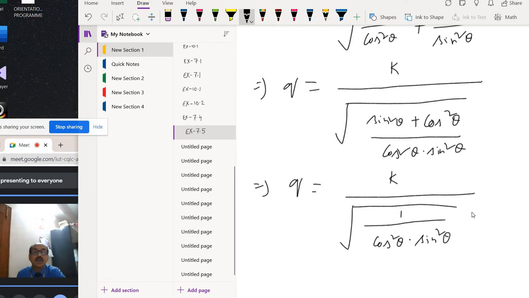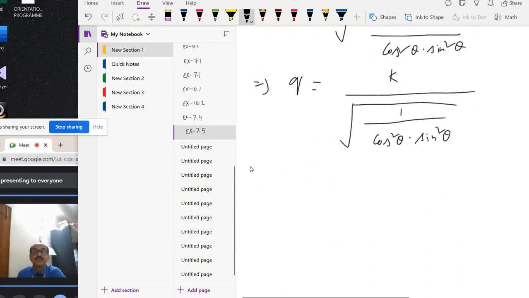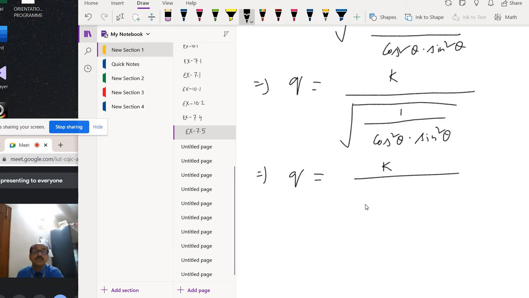Okay, now 1 by cos means sec. So it is sec theta into cosec theta. q equal to k by 1 by sec theta into cosec theta.